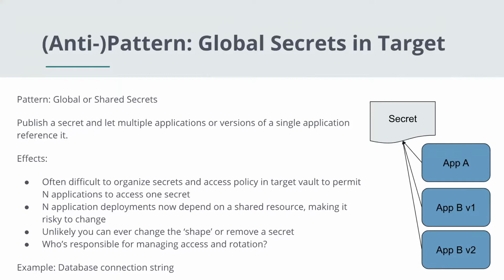What this arrowhead is trying to indicate is that application A, B1, and B2 all depend on the same secret. That's a problem because now their change life cycles are all mixed up with each other.